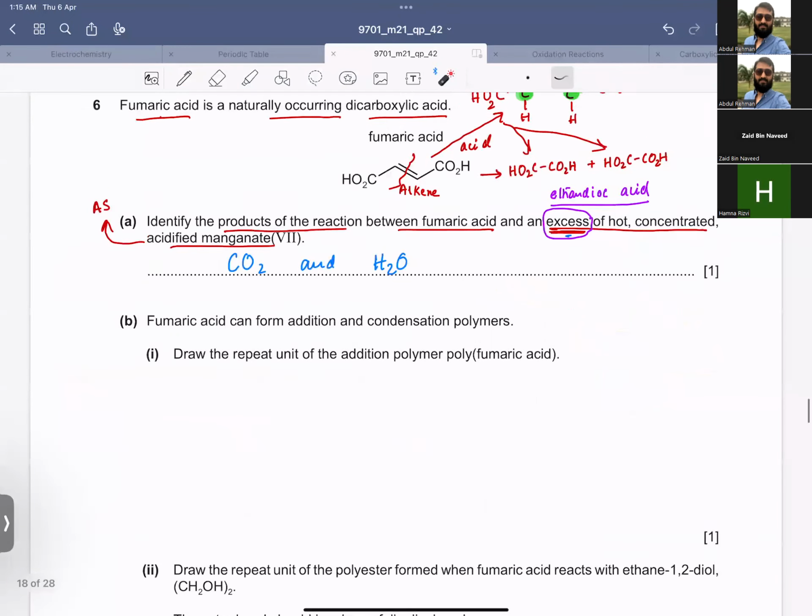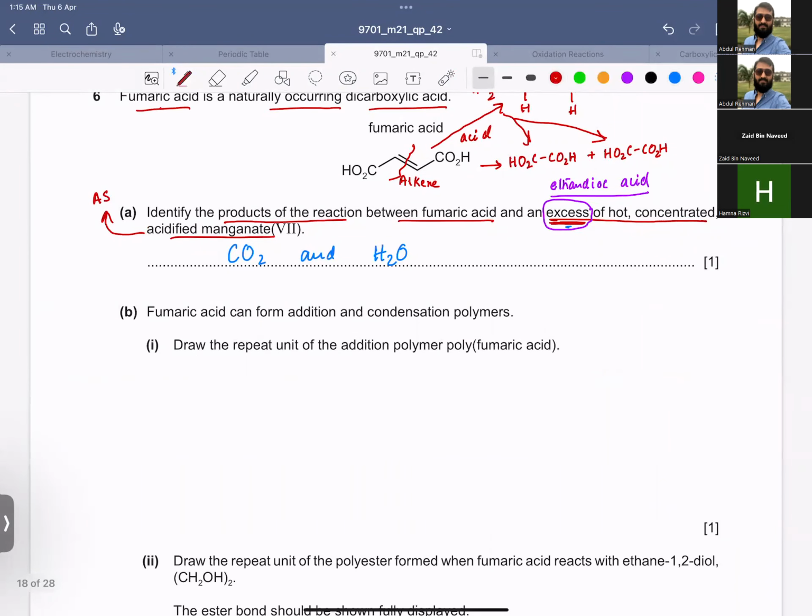Okay. Now, next part: fumaric acid can form addition and condensation polymers. Draw a repeat unit of the addition polymer of polyfumaric acid. So if you recall, addition polymer is due to the carbon-carbon double bond. If I draw this, I can see there is a carbon-carbon double bond, and one carbon atom has a carboxylic acid and a hydrogen.